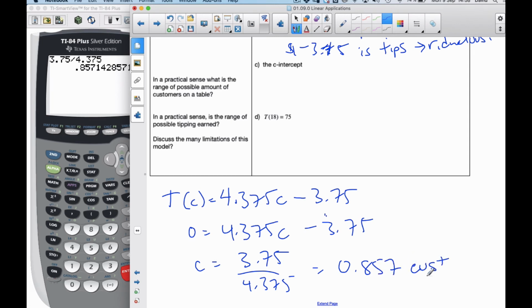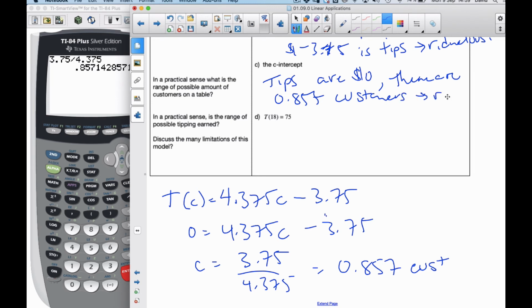customers. So that means that when the tips are $0, there are 0.857 customers, which again is ridiculous, but that's okay. Then it wants to show if this is true.